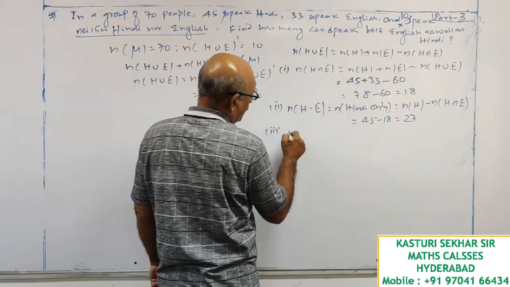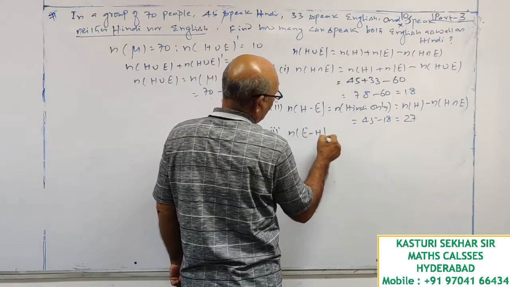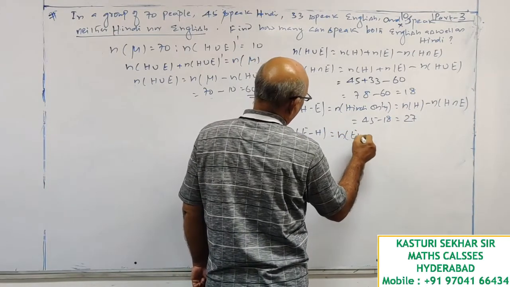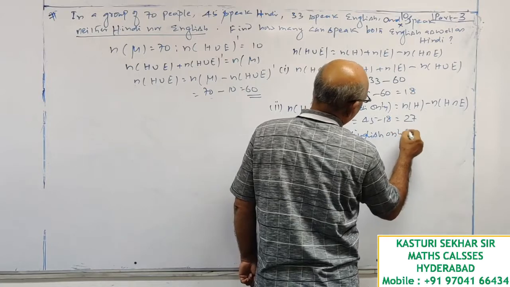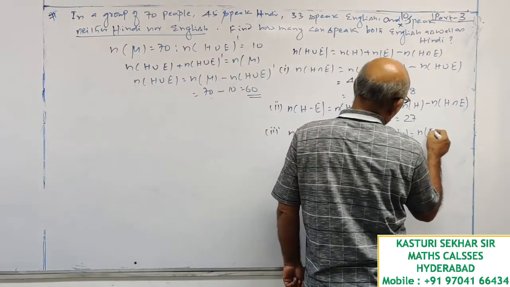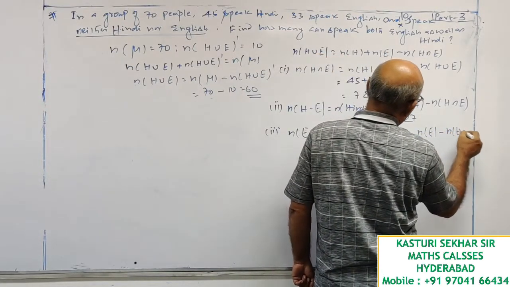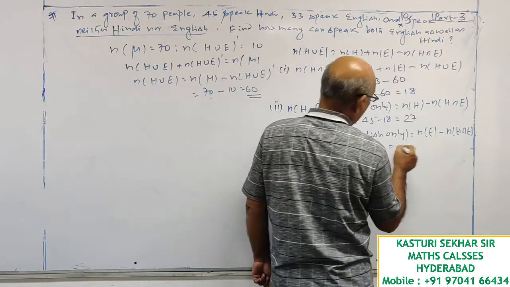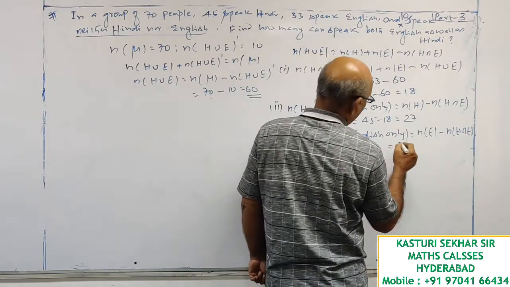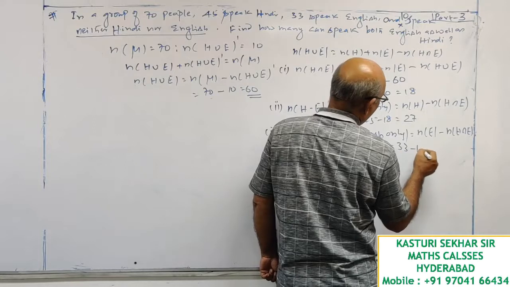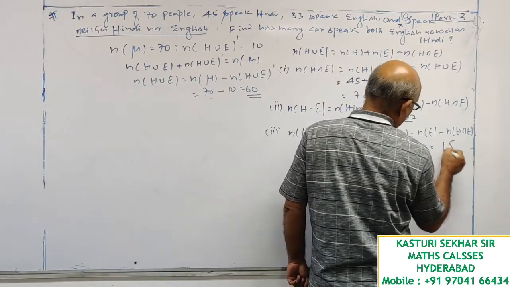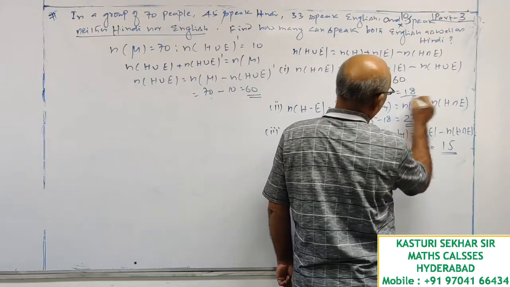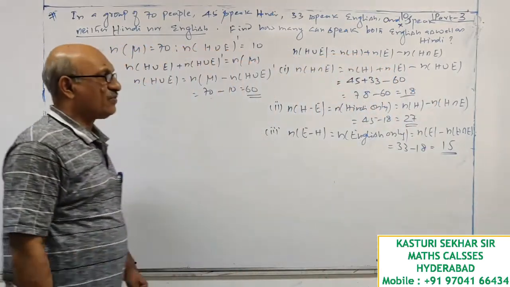Third one, n of E minus H, n of English only. This is n of E minus n of H intersection E. N of E 33 minus 18, 15. So these are the three answers.